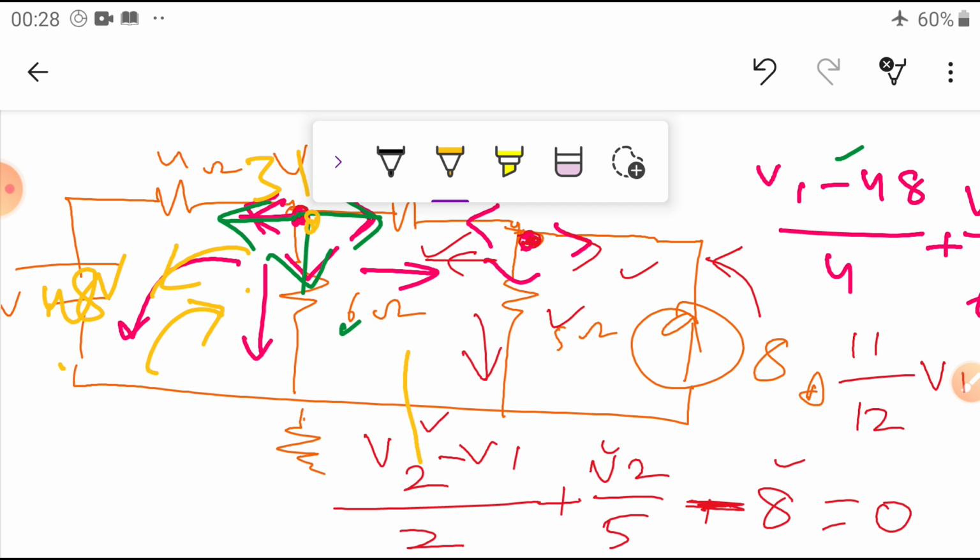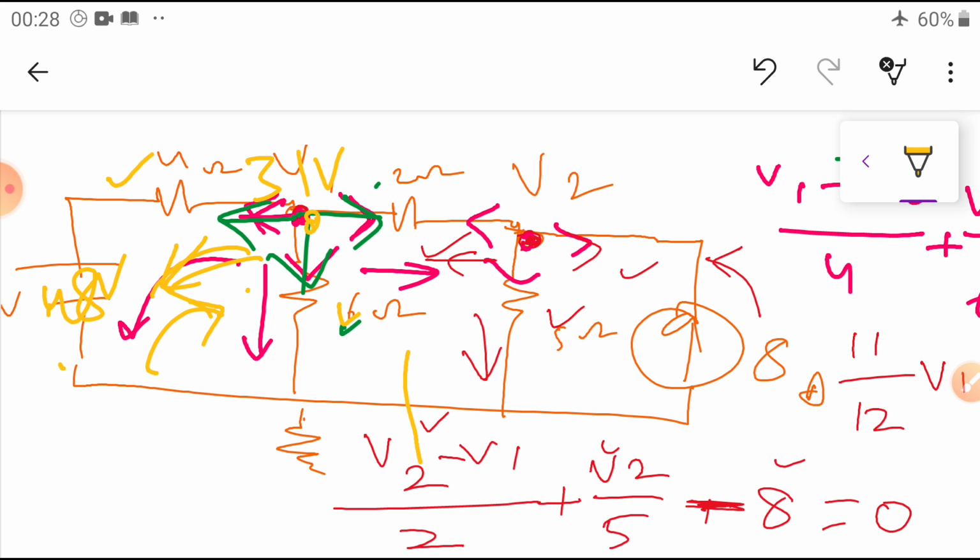That means the initial assumed direction is reversed, so you can change it. Suppose I want the current in this one: 31 by 6, nearly 5 point something amps. It's a positive value, so the assumption is correct. After knowing 31 and 34, we can calculate each branch current easily.